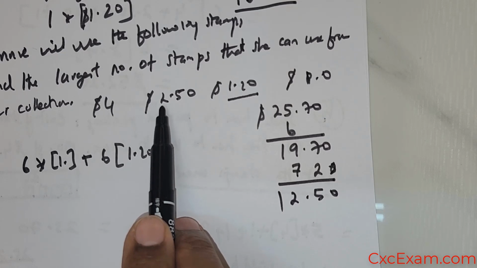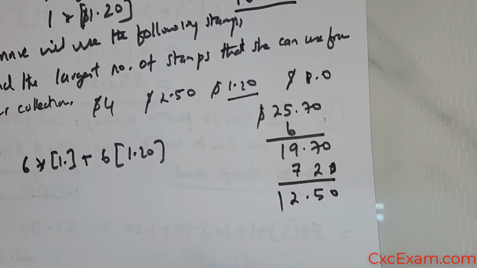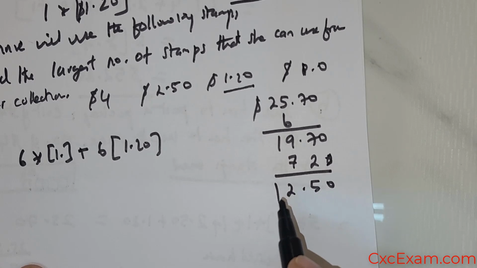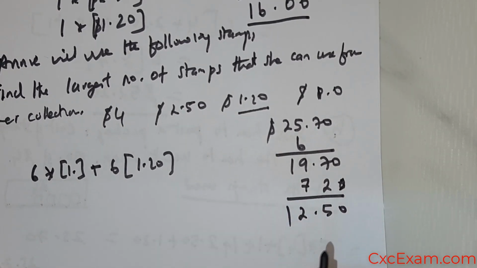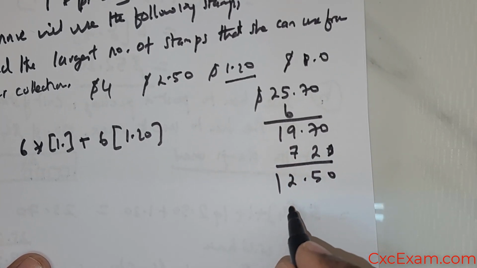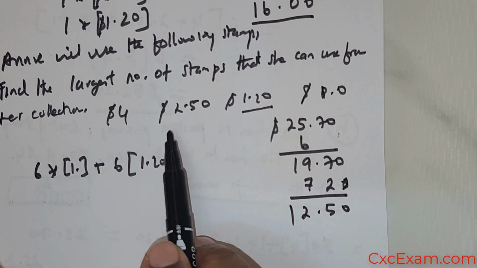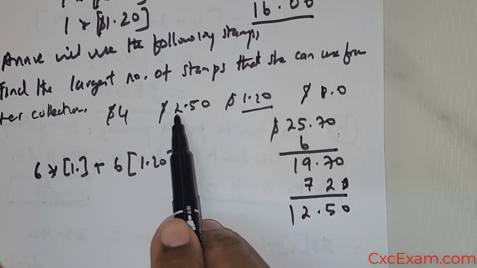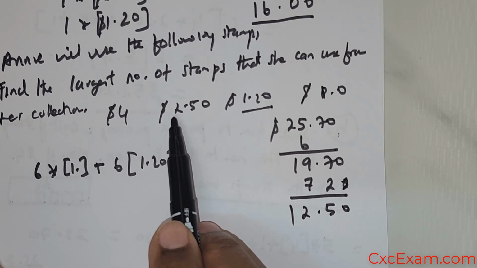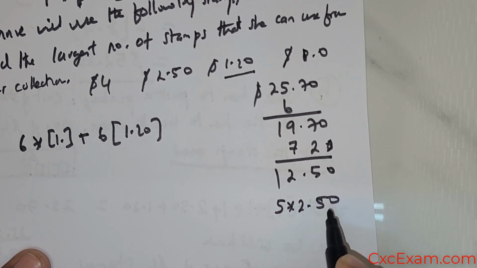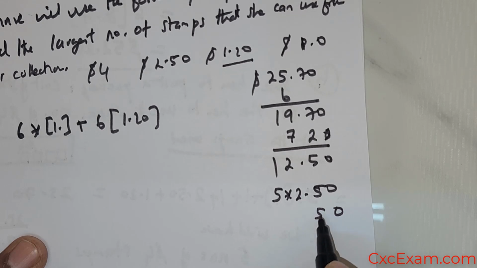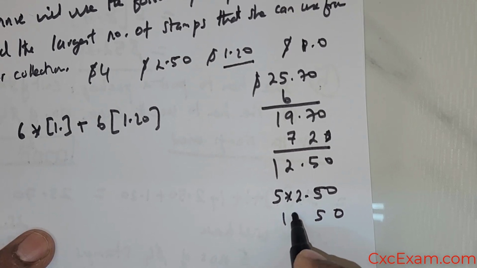Now the next denomination is 2.50. Now I can utilize 3 of this. Now why do I say 3 of this? So imagine if I am utilizing 5 of this. That would give me, say, let me find that 5 times of 2.50. What is that? 5 5s are 25, 2 5 is 10, 11, 12.